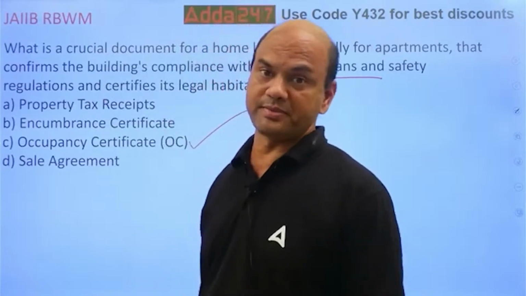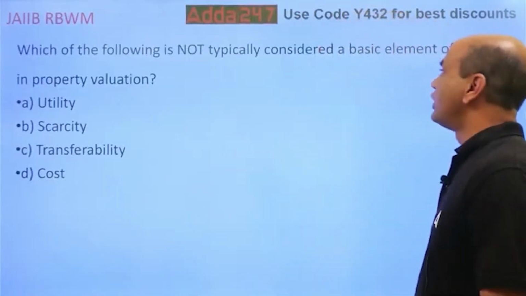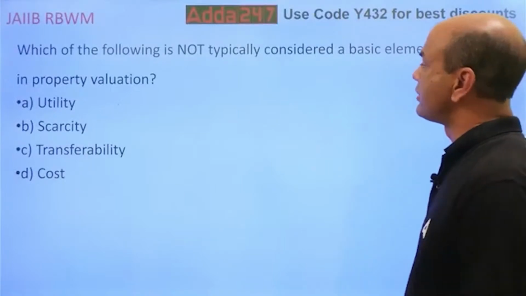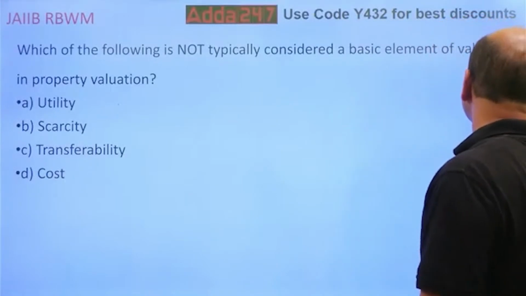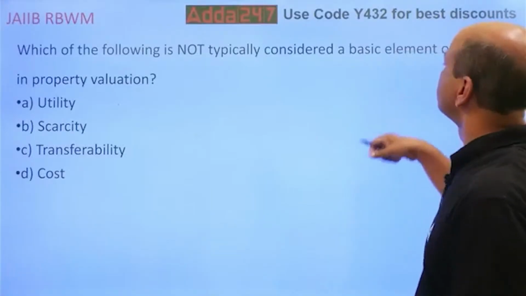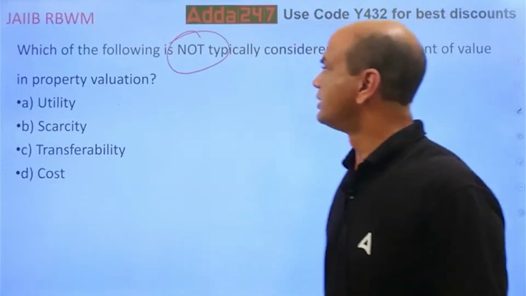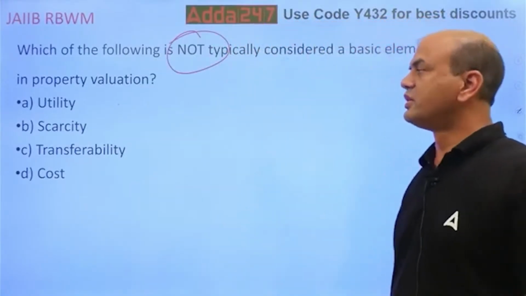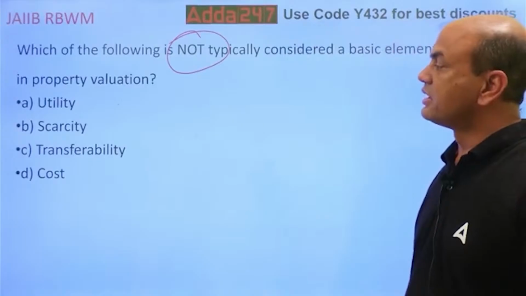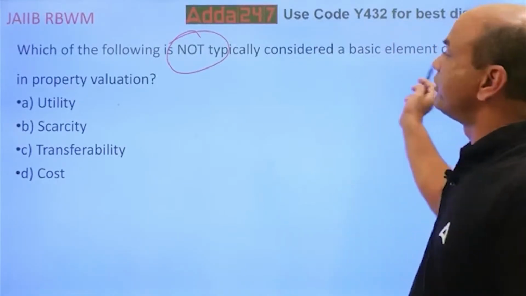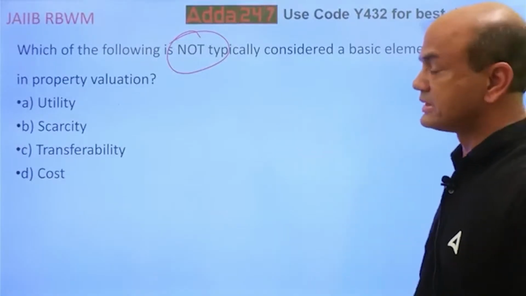Okay, occupancy. Which of the following is not typically considered a basic element of value in property valuations? Kindly note the question, not considered. Utility, scarcity, transferability and cost. Basic element of value.